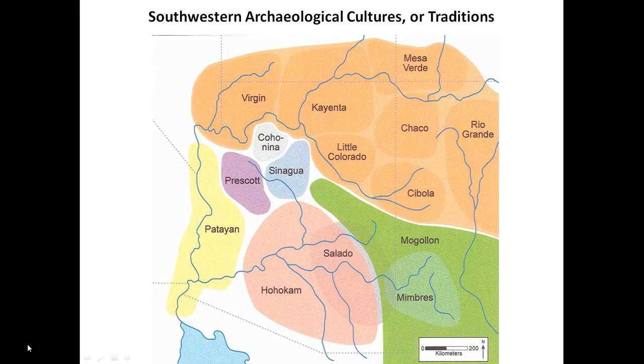They were dependent upon irrigation agriculture, and they manufactured red-on-buff pottery and cremated their dead. In contrast, the Puebloan people, shown in the orange to the north, lived in deep pit houses early, later shifting to above-ground masonry structures. They were dry farmers.